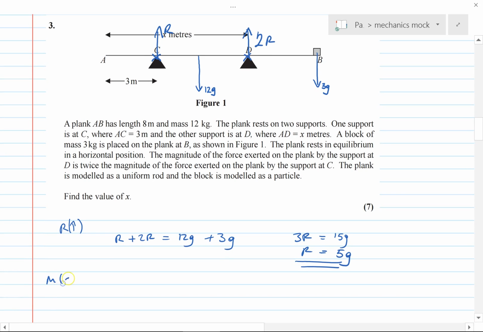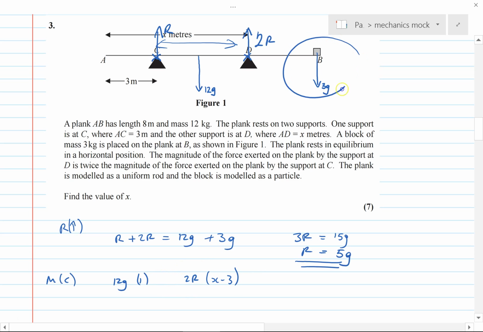You could take moments about C, for example, and if you took moments about C, you'd be getting something like this, 12g times this distance, which because it's 8 meters long, that'd be 12g times 1, and then this 2R times this distance here, which is equal to x minus 3.